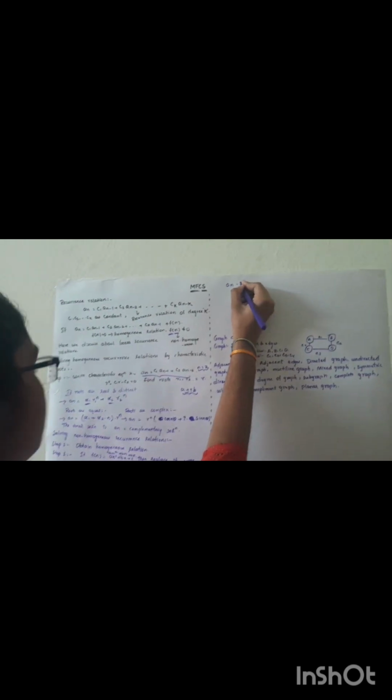Here f of n equal to 2 power n. So if the given function is any exponential or logarithmic term, then replace it with a into 2 power n in this a n. Then a n can be written as minus 3.